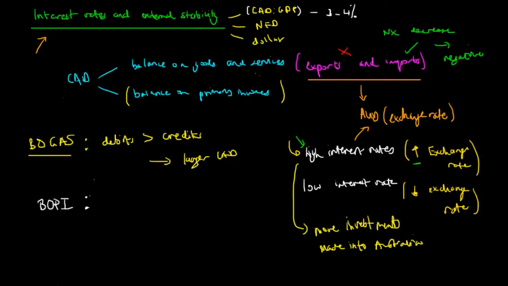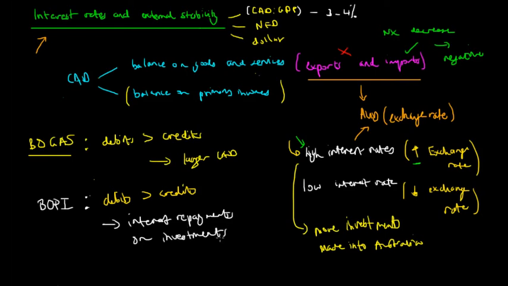And so what we see with high interest rates is that debits again would exceed credits on the primary incomes account, and this is primarily due to interest repayments on investments, especially securities and financial instruments, financial debt instruments.